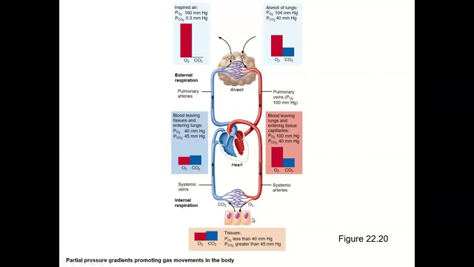Okay, so let's start in the lungs. Here's our outside air. Remember I told you it's got 160 millimeters of mercury partial pressure of oxygen in there, because it's only 21% of 760 millimeters of mercury, which is the pressure of the air as a whole. So oxygen 160. We hardly have any CO2 in our inspired air, so we can kind of forget that.